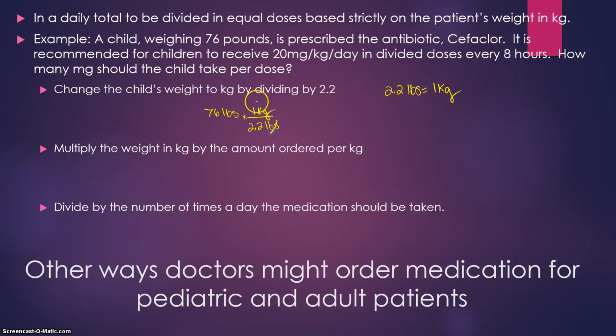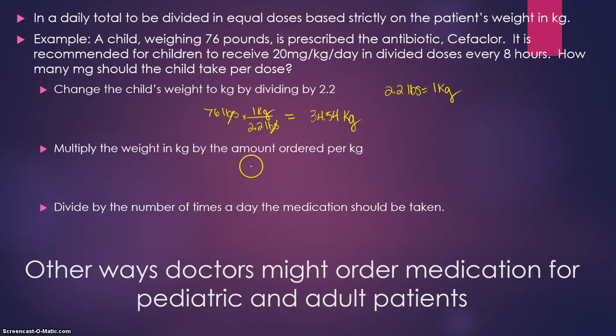This is how we convert from pounds to kilograms. So we do 76 divided by 2.2, and you get 34.54 kilograms, right?